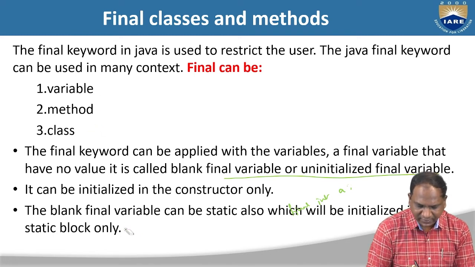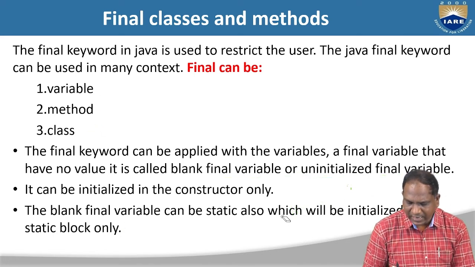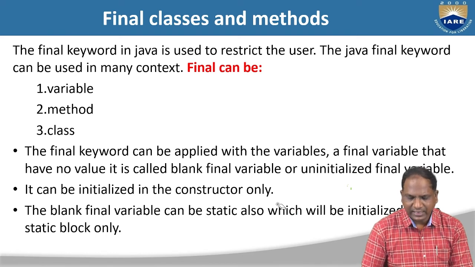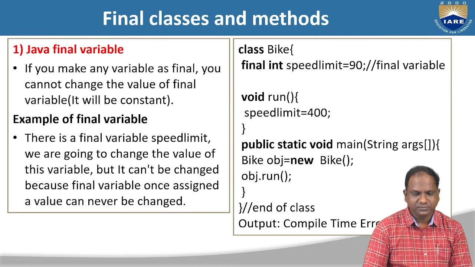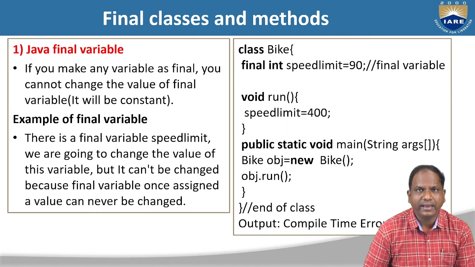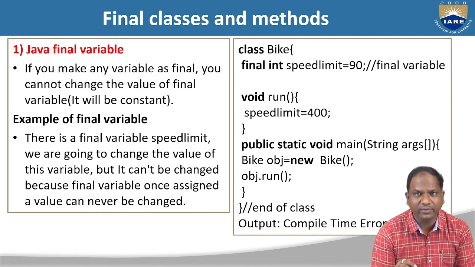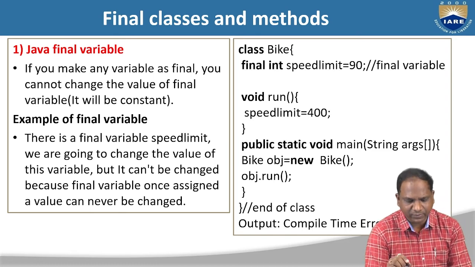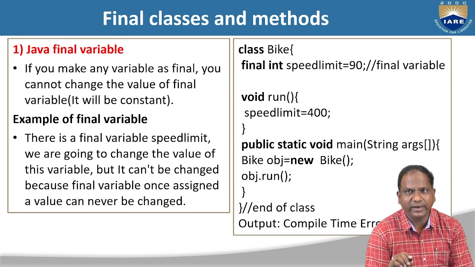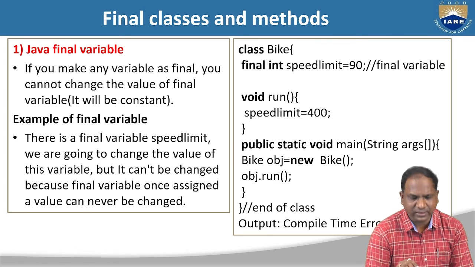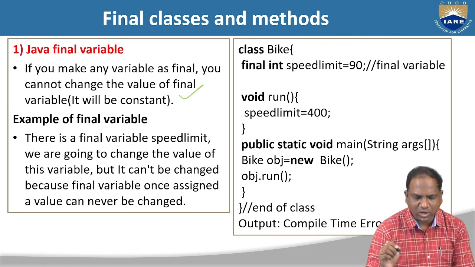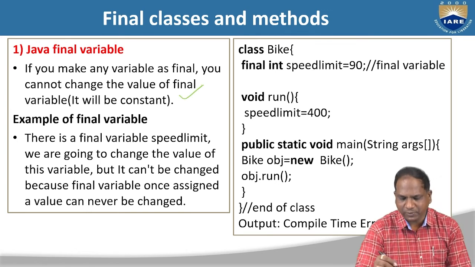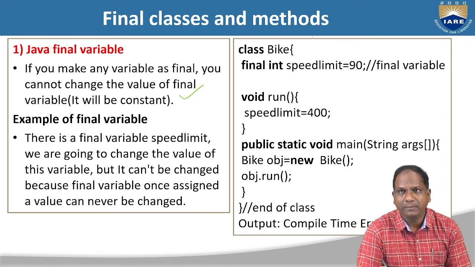In the next slide, we will see what happens when you make your variable final. See here, if you make any variable final, you cannot change the value of the final variable. It means throughout the program, the value of that particular variable will be constant. Now see, in an example program, I have a class called Bike.